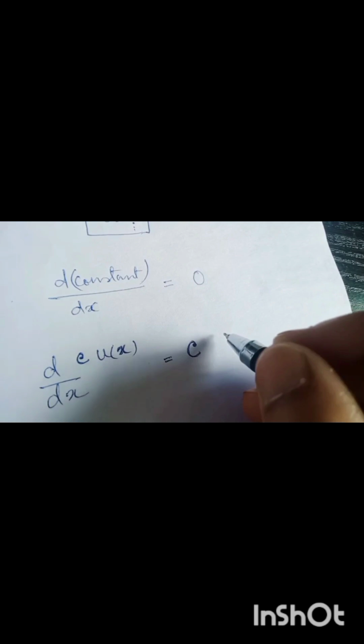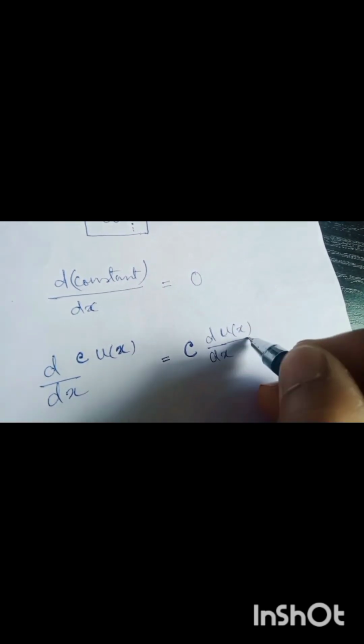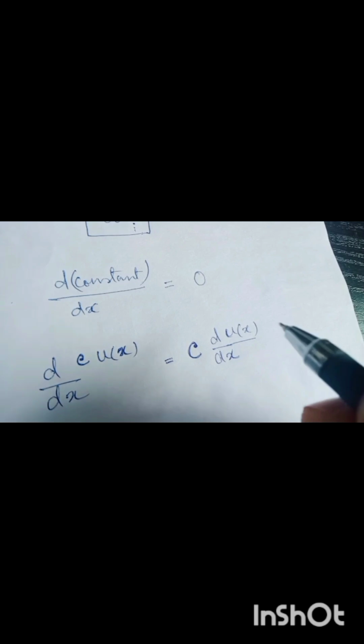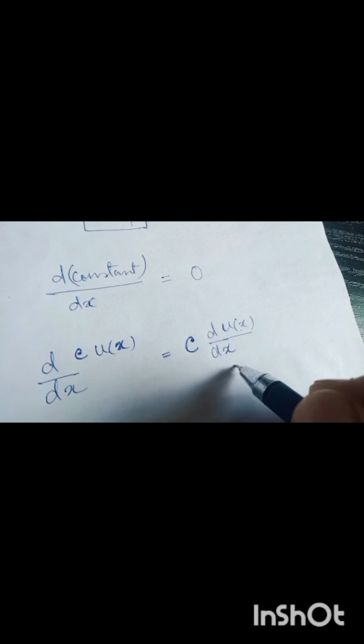So we write it in this manner: differentiation of c times u, where u is a function of x, with respect to x, equals the constant multiplied by the differentiation of u with respect to x.